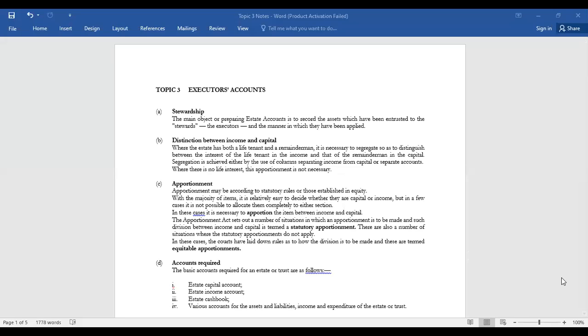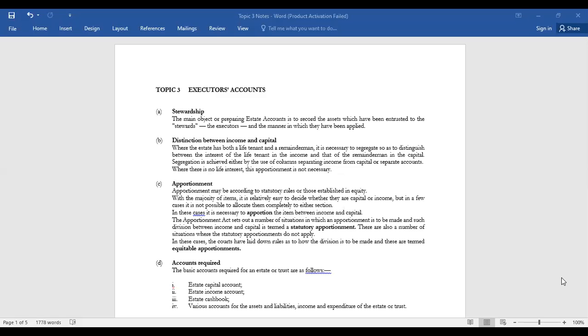Today we are looking into the executor's account. You know that the executor is the person who is in charge of the accounts of the deceased, whether the deceased was intestate or a testator, whether there was a will or there was no will.